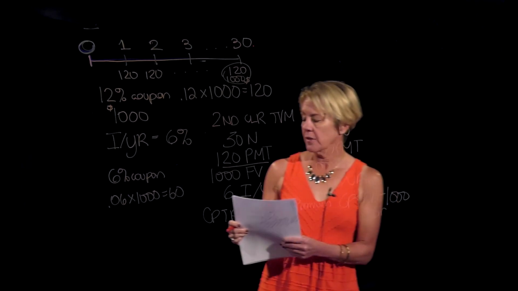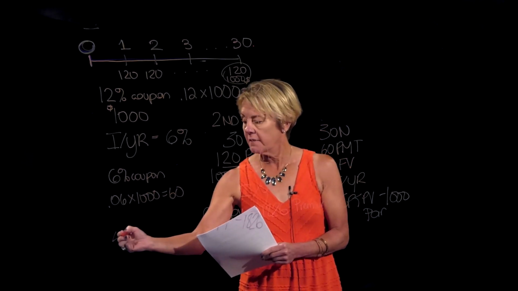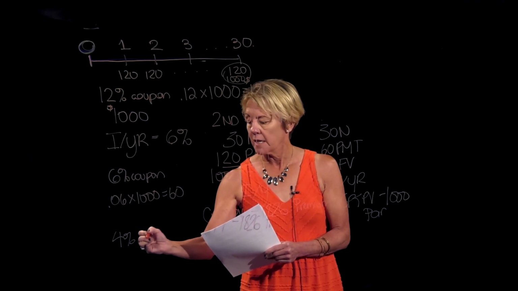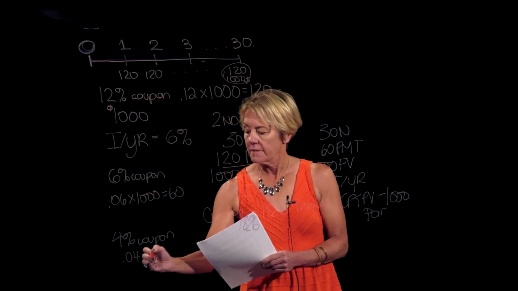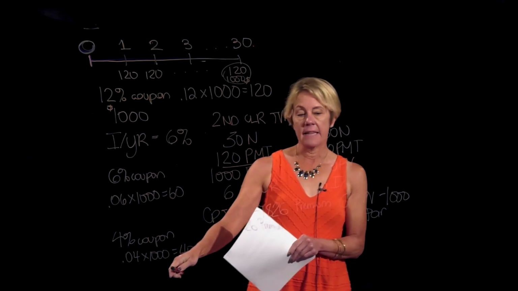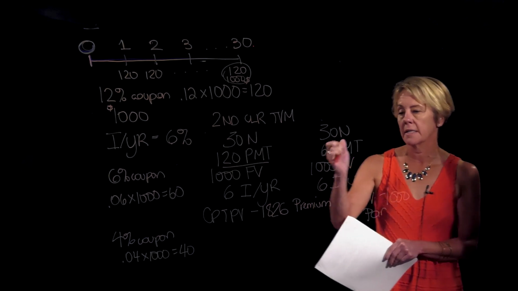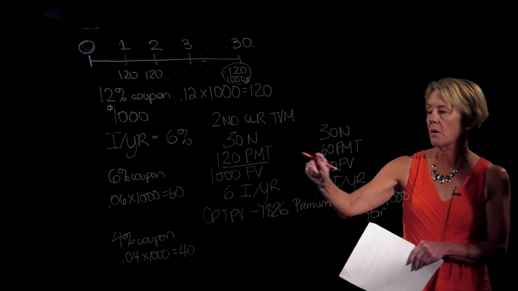And then finally, the third bond, the coupon rate is the only thing that's changed, and this is a 4% coupon. 4% of 1,000 is $40. So again, the only thing that's changing in this third bond is that the payment is going to be $40 instead of $120 or $60.